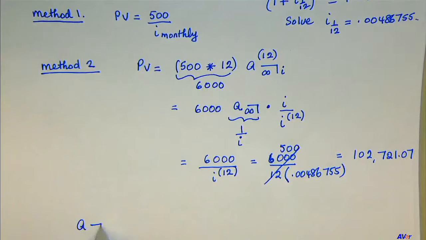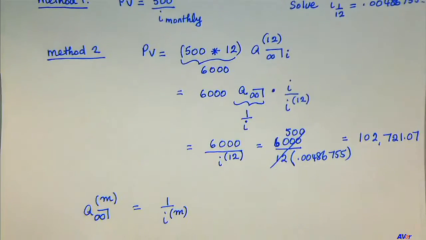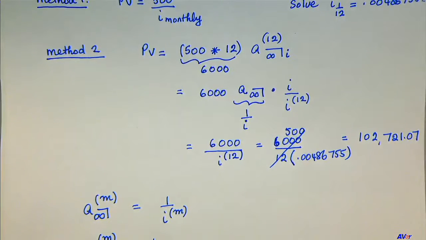So A angle infinity M is equal to 1 over IM. And A double dot angle infinity M is equal to 1 over DM. What's the difference between A double dot angle infinity M and A angle infinity M?